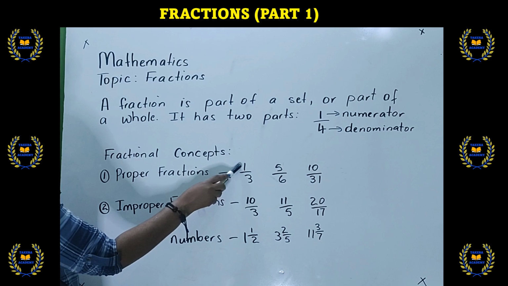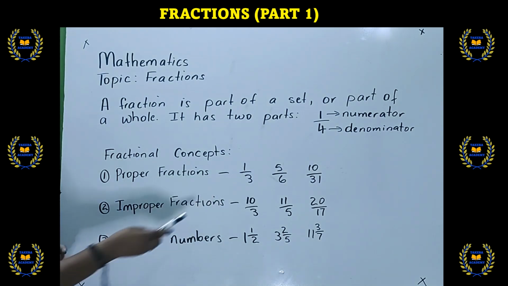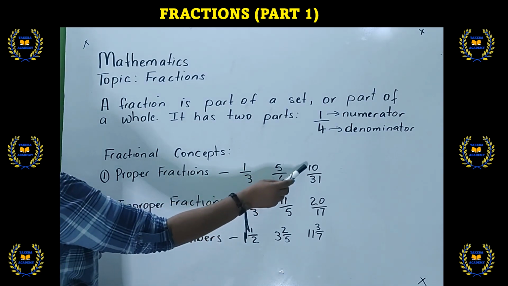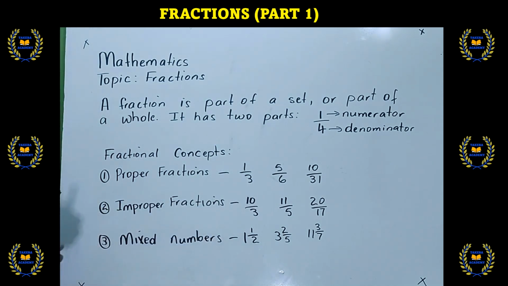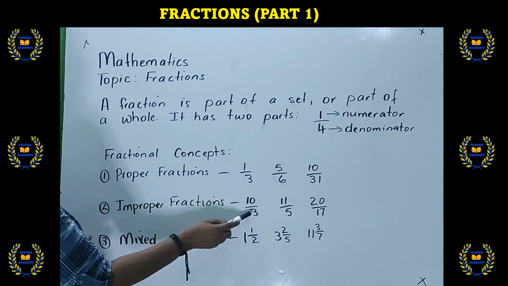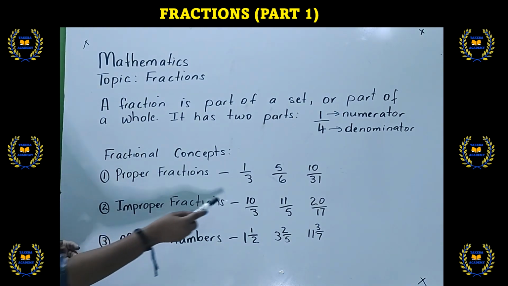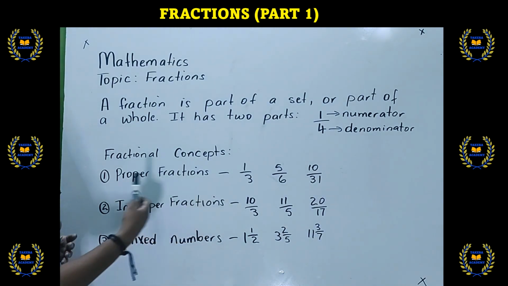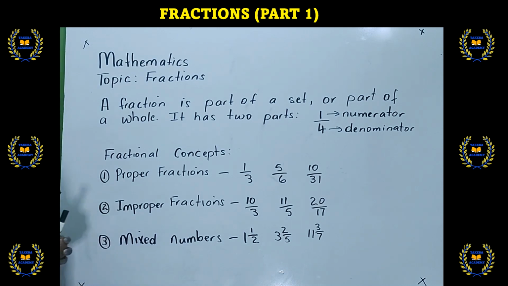So in this example, it's 1 out of the 3 parts, 5 out of 6 parts, and 10 out of 31 parts. Our second type of fraction is an improper fraction. And of course, that's the opposite of the proper fraction. So the examples for our improper fractions are 10 over 3, and as you can see, the numerator is larger than the denominator.